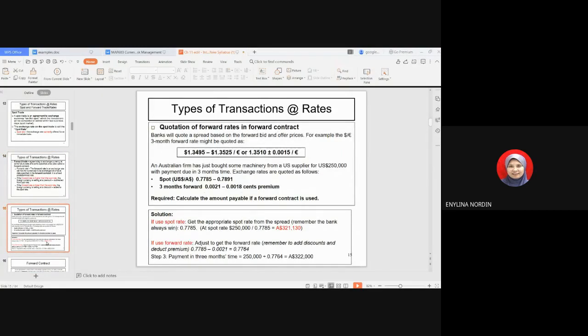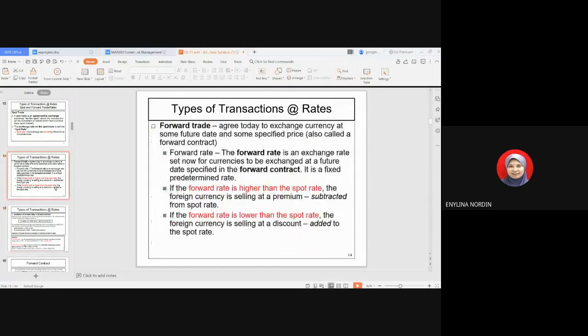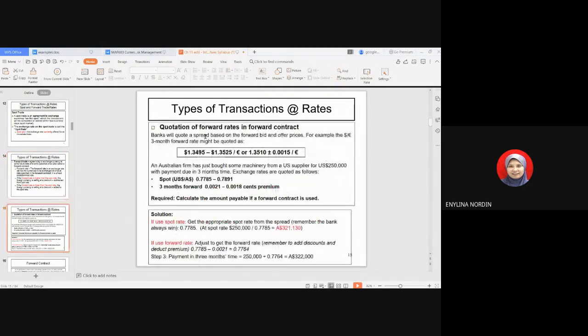Okay, right. So we go to the example, here is the quotation for the spot rate and forward rate, and here is for the forward contract. So quotation of forward rates in a forward contract. Let's say the bank will quote a spread based on the forward bid and offer prices. For example, dollar against euro.